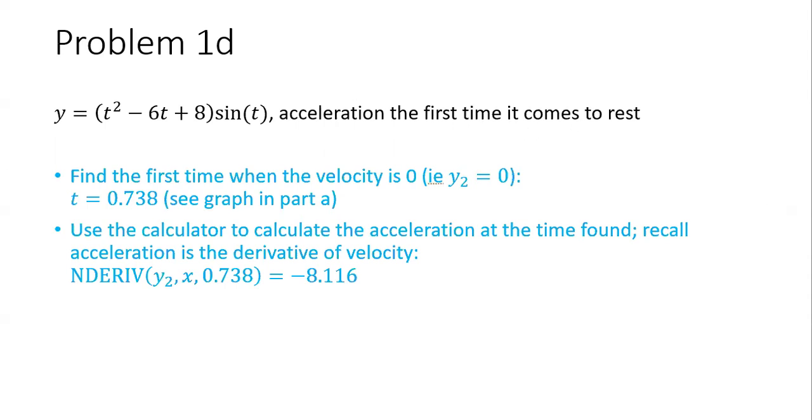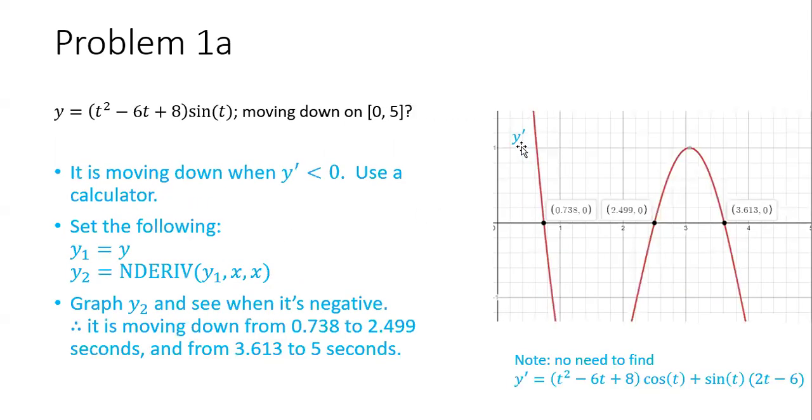We can use y prime, which was y2. The first time it comes to rest means when the velocity is 0. Velocity would be y prime. So the first time is 0.738. So we need to do that first.